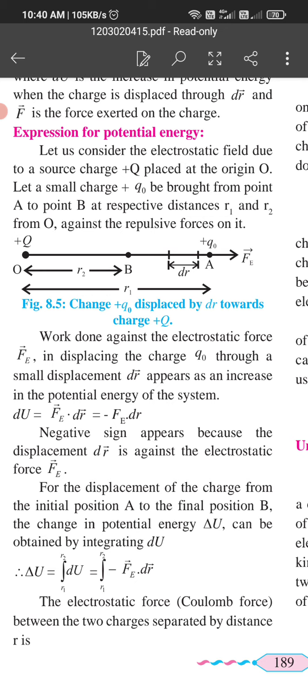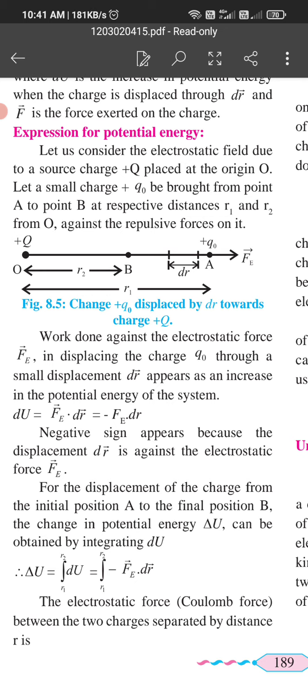So potential energy delta U is equal to integration from R1 to R2, delta U is equal to integration from R1 to R2 minus Fe vector into dr vector.